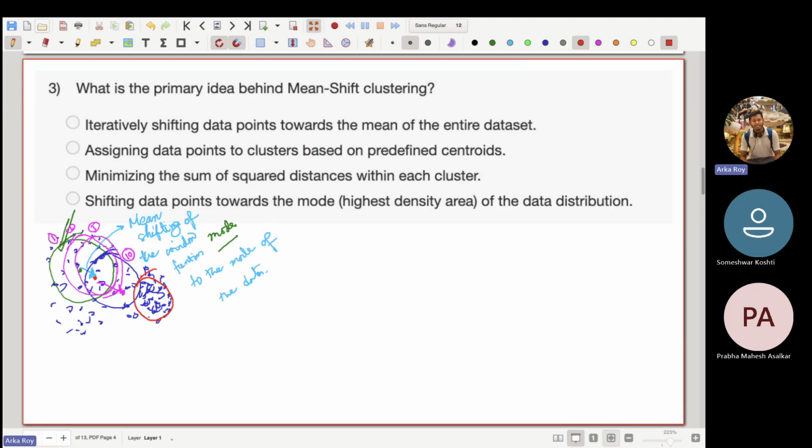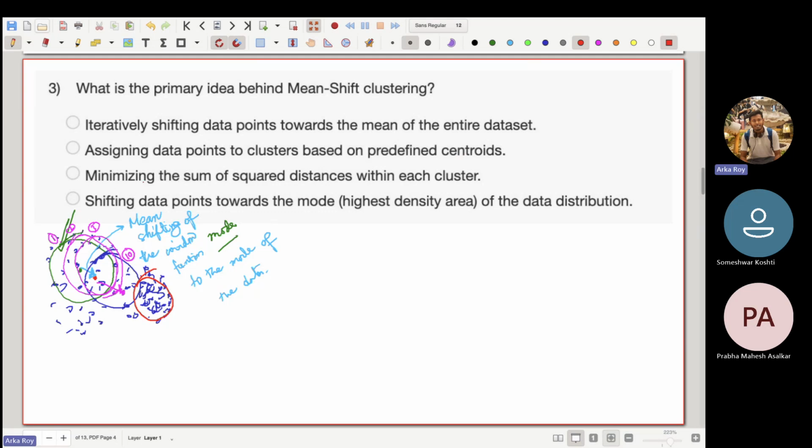Assigning data points to clusters based on predefined centroids. This is also incorrect because any of the clustering methods that you have seen basically start with an initial assumption that you have certain clusters, and based on a certain distance metric, you reassign the data point to a particular cluster group. So assigning data points to a cluster based on predefined centroids is incorrect.